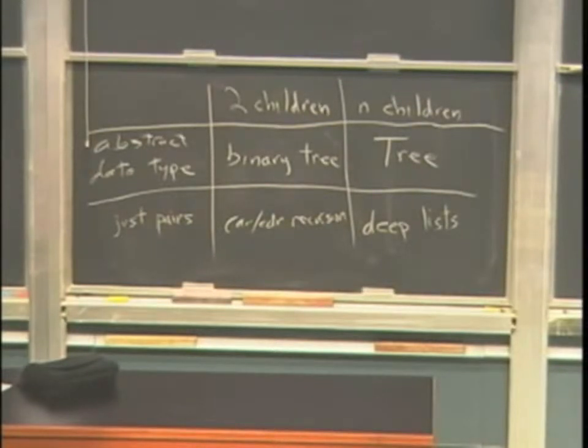And we also talked about deep lists, about seeing a deep list, remember, as being a kind of degenerate tree in which the branch nodes have only children, no data, and the leaf nodes have only data, no children.